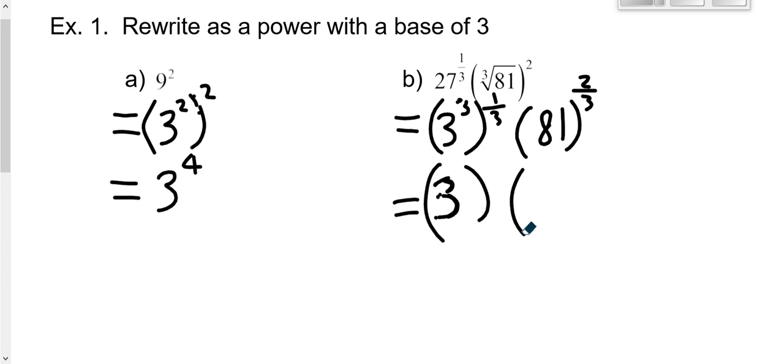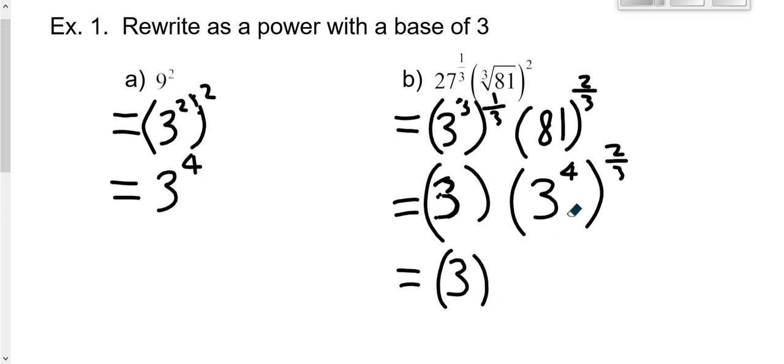And then for 81, you can write that as 3 raised to the power of 4. And then outside, you have the exponent of 2/3. Okay, so the first term is still 3.